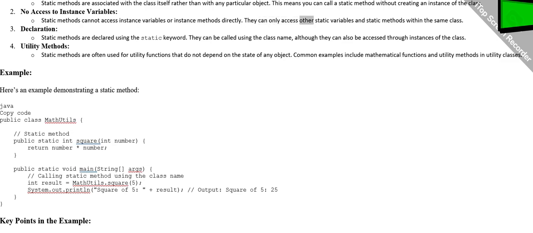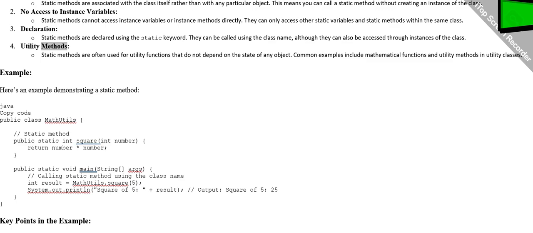They can only access other static variables and static methods within the same class. Declaration. Static methods are declared using the static keyword. They can be called using the class name, although they can also be accessed through instances of the class.